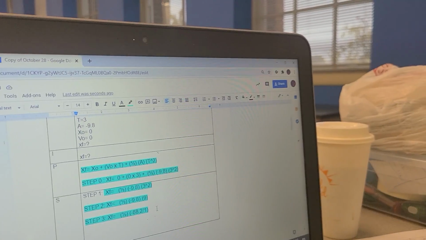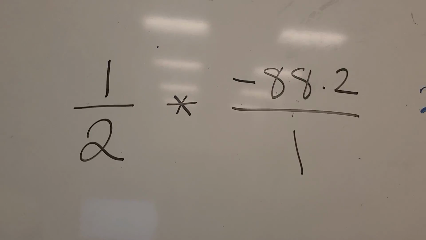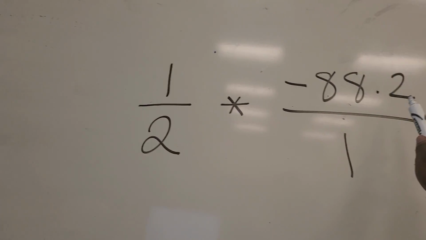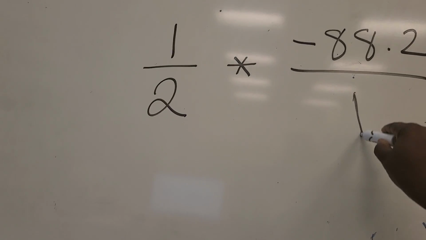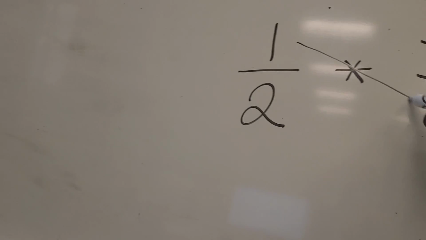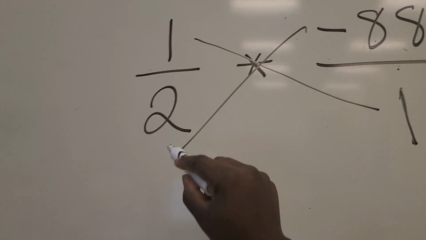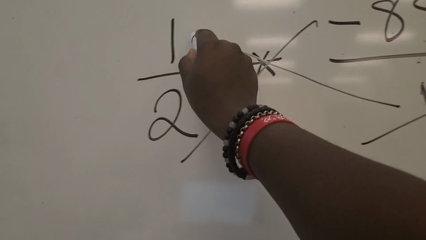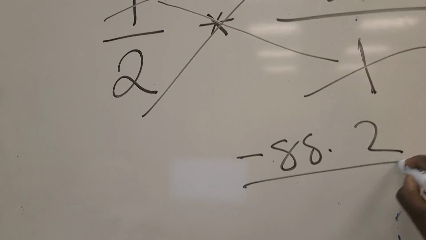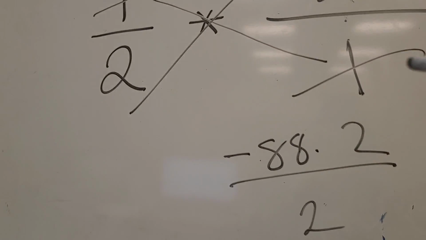Does that make sense? Yes. So because you're multiplying by a fraction, the negative 88.2 becomes a fraction by putting it over 1. So when you cross multiply, the ones cancel out. So all you're left with is negative 88.2 divided by 2.